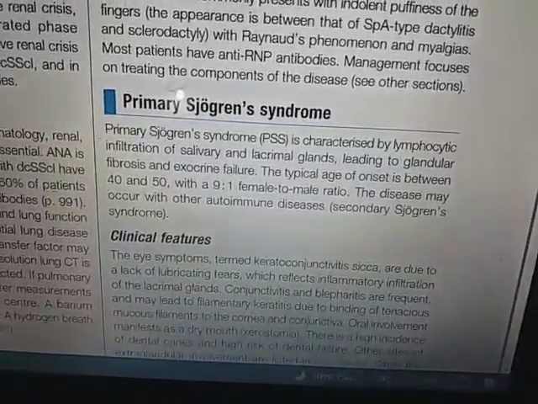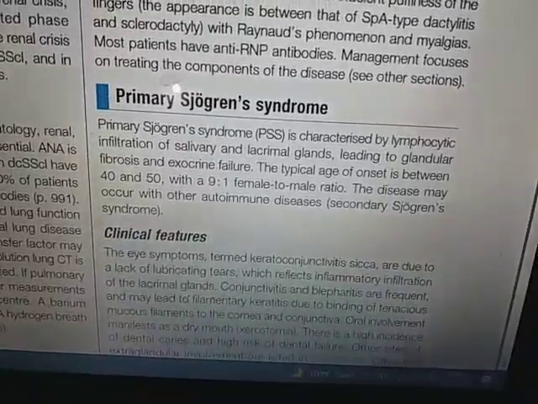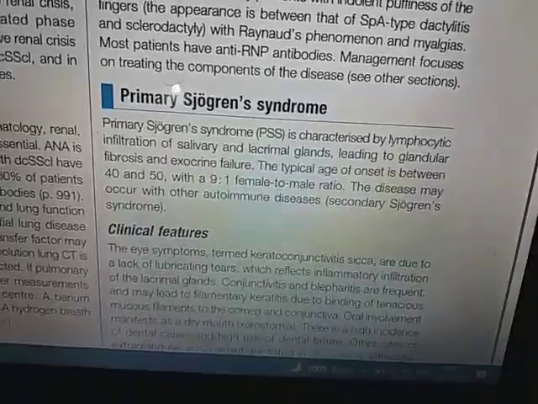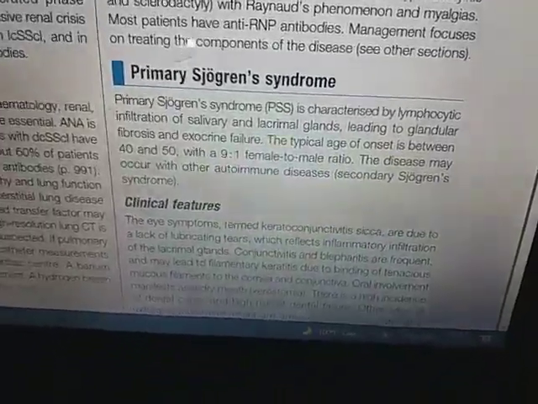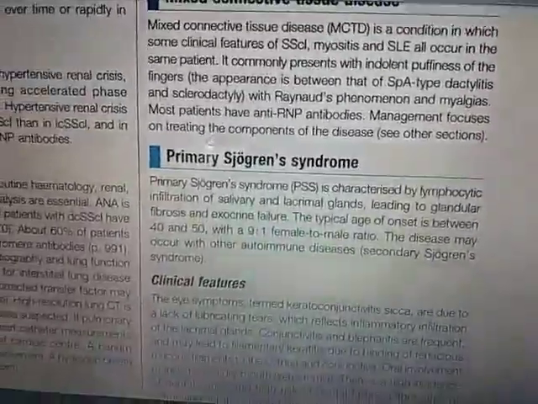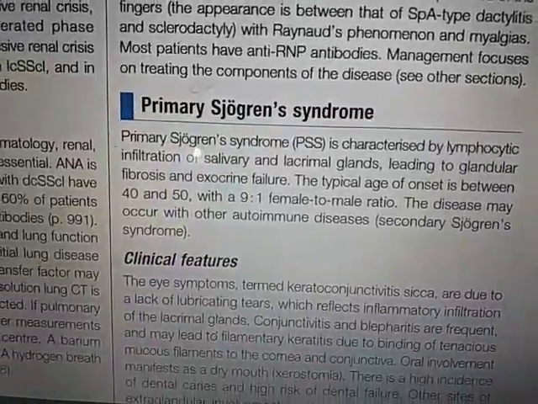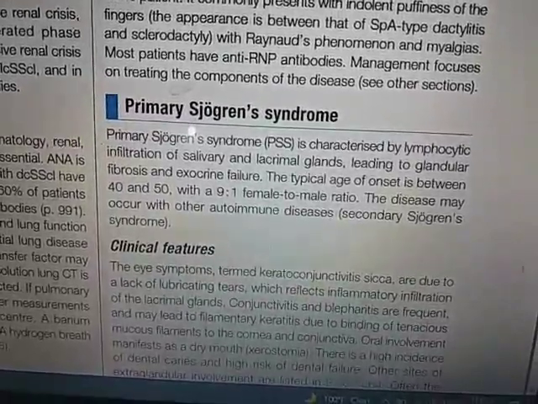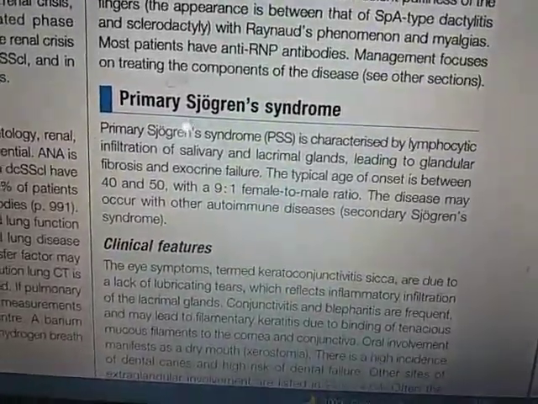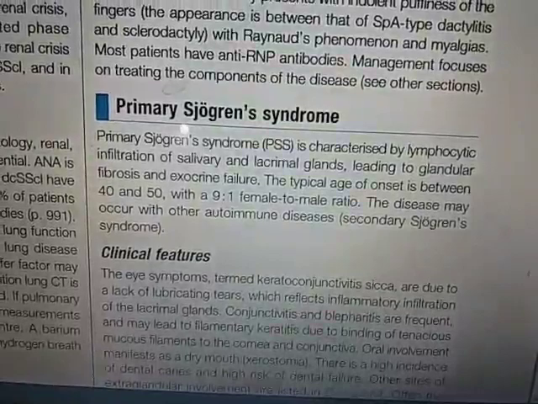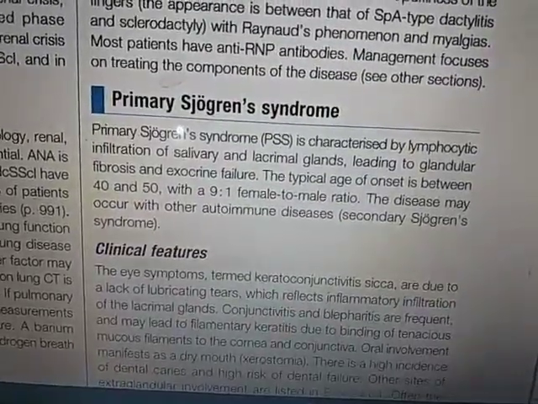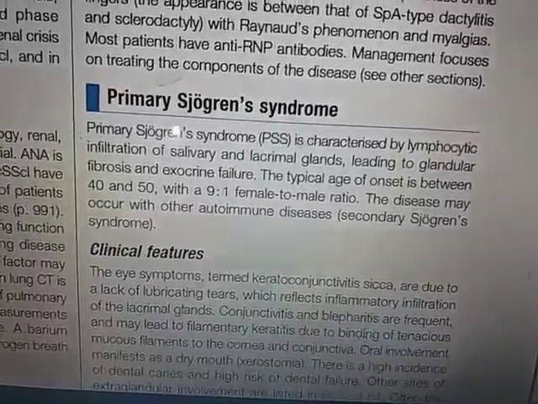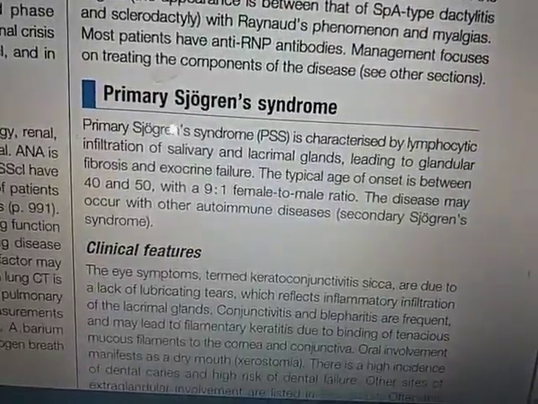We have a chronic lymphocytic infiltration of salivary glands, lacrimal glands, and other exocrine glands, and respiratory tract, GI tract, skin, and vagina. The disease might be primary or secondary to other autoimmune disorders.